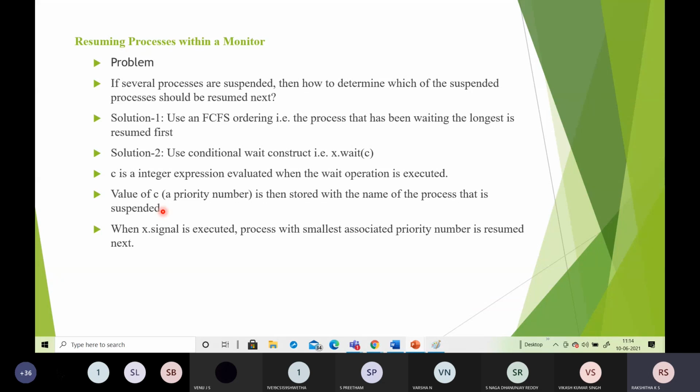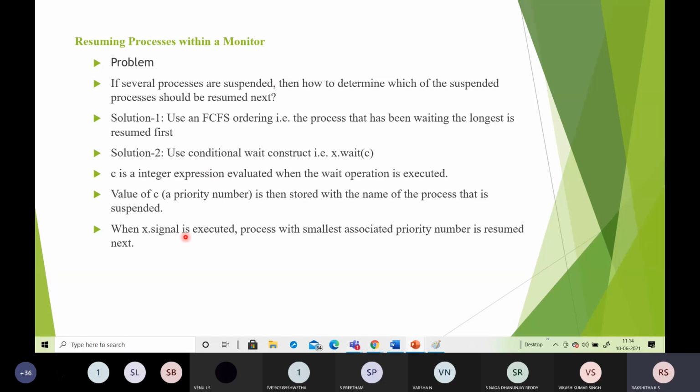For example, P1 has 1 as its priority number and P2 has 2. To solve this problem, we use the priority number to decide which one is suspended first from the monitor.